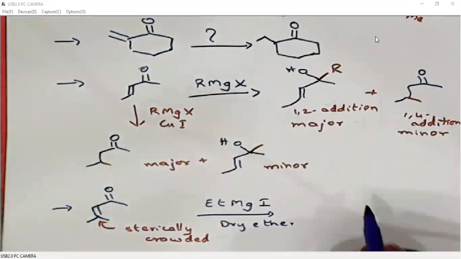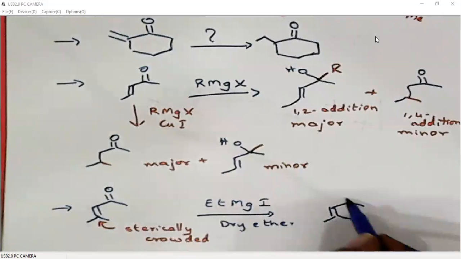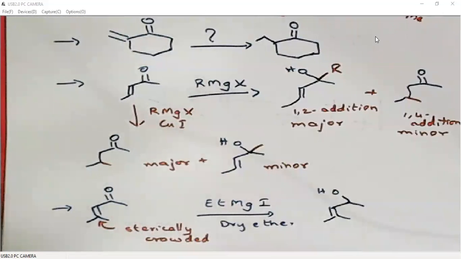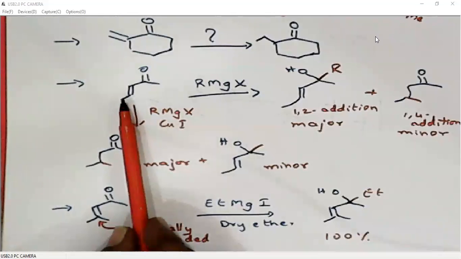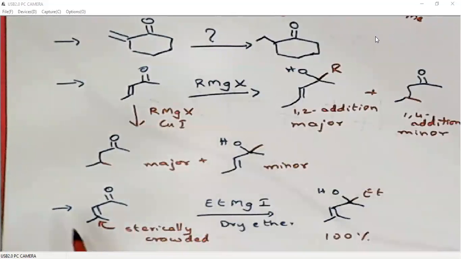Here it is 100% 1,2 addition. So when we have less substituted enones, there is a possibility for major and minor, but when we have more substituents on the enone, they will create steric crowding so that they will not allow the nucleophile to approach this enone in a 1,4 fashion. So there will be no minor product.